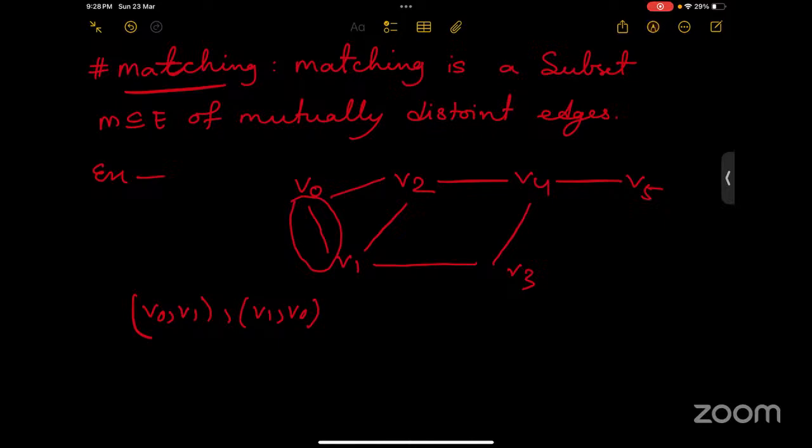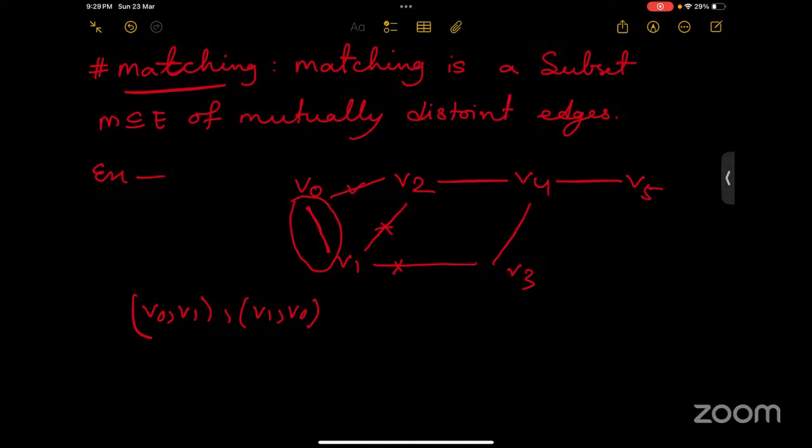If we are taking this, then we cannot take this edge and this edge, because they are not disjoint; they have an intersection. Also we cannot take this one, because it also intersects at V0, V1. But we can take the other three.